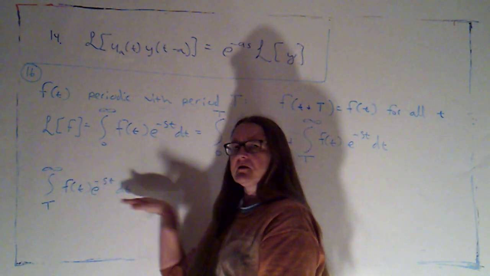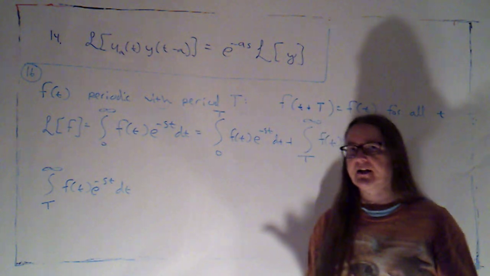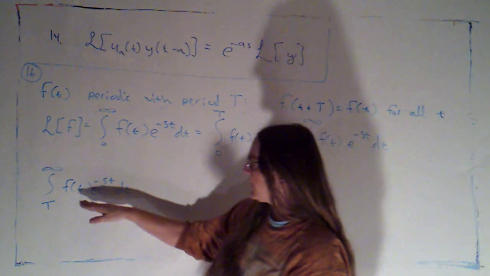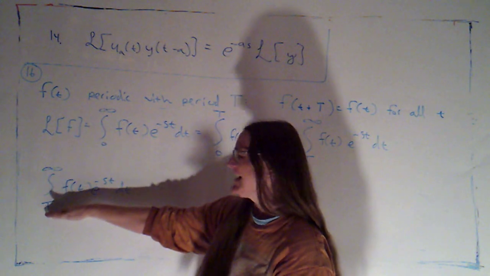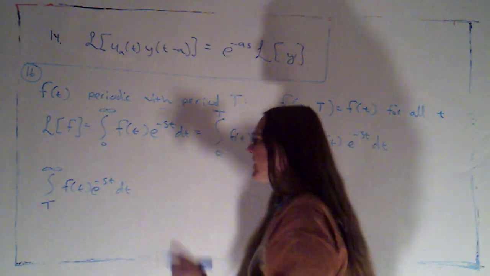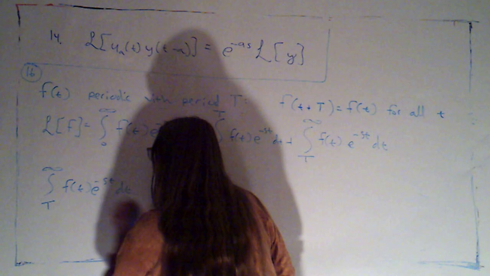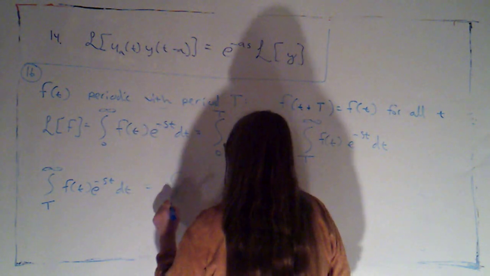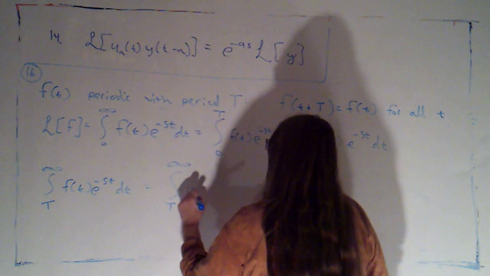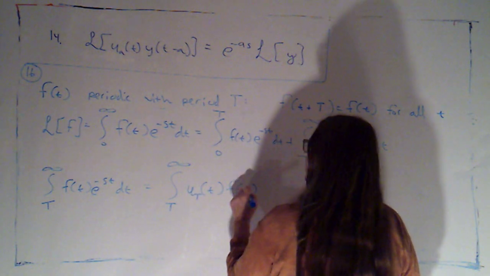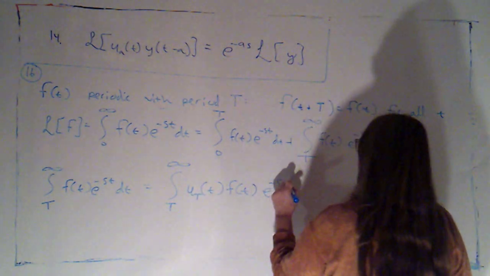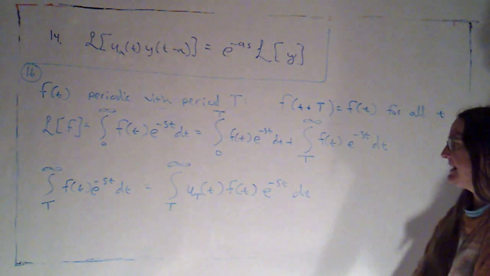I'm hoping to make this look ultimately like a Laplace transform of something. I've got pretty much a good integrand, I've got a good upper limit of integration, I want to have the lower limit being 0. So what I'm going to do is replace f of t with mu sub T of t times f of t, e to the negative st dt.